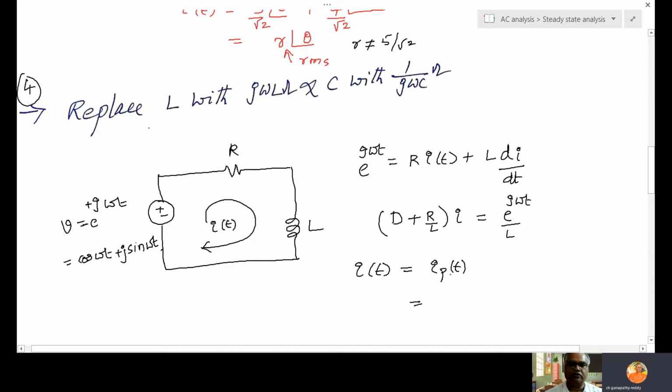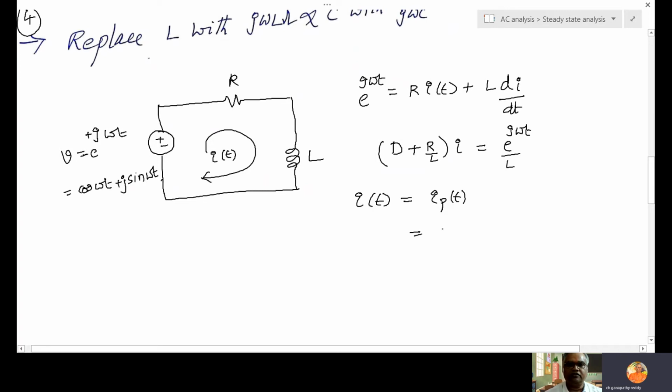So what is the particular solution with exponential? Always in the form of k e power j omega t. The particular solution will always be some constant k e power j omega t format. Complementary I am not doing. Complementary comes under transient, particular comes under steady state.